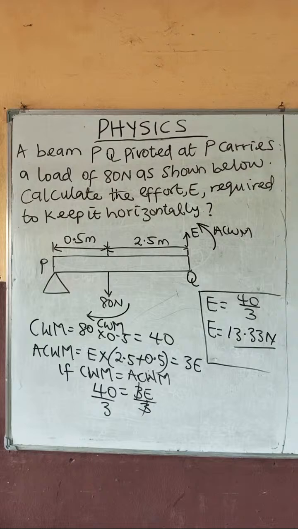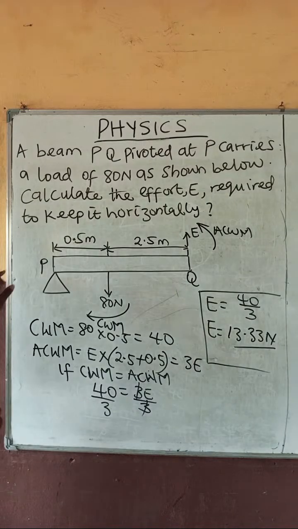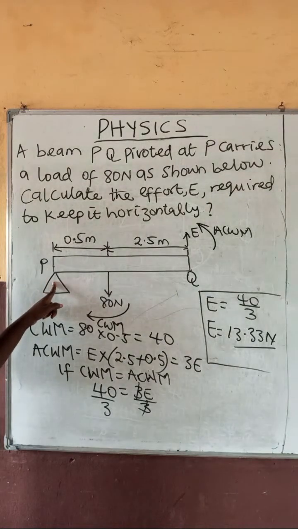All right, Mandalin, how will you determine if it is clockwise or anti-clockwise? You get it by taking respect to the pivot. The pivot is the center of your concentration. This is where you concentrate to make your movement, because if you put a bench it must be balanced, that means it is in equilibrium.